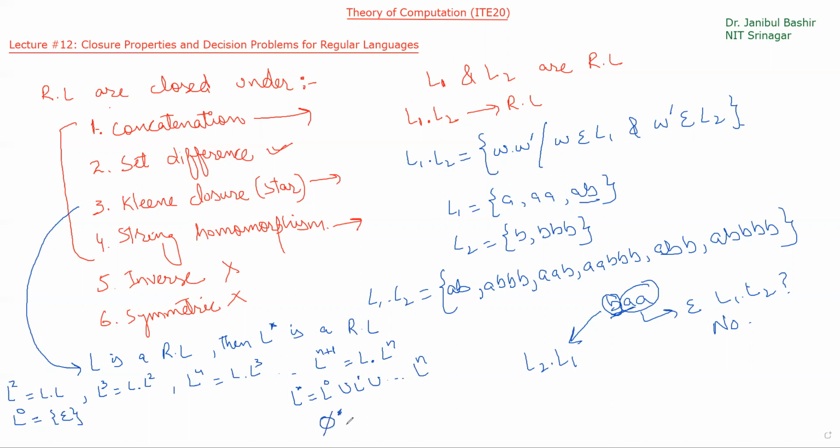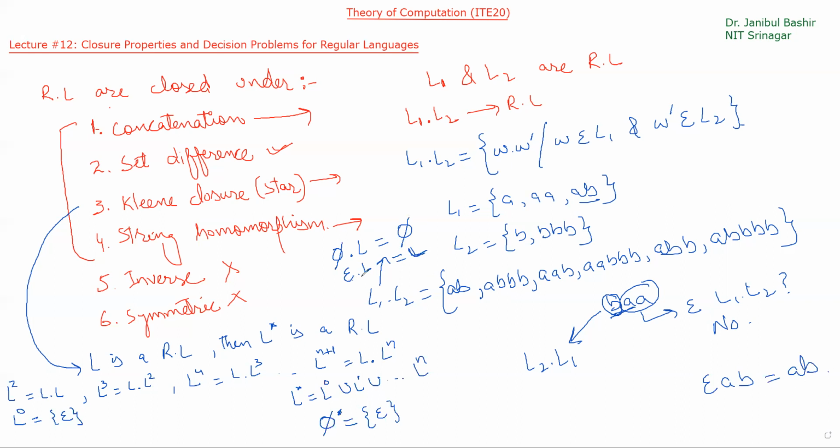Also, in concatenation, you have to remember that concatenation of phi with L will be phi, and concatenation of epsilon with L will be L. For example, if we have AB, concatenating epsilon with AB will be AB.